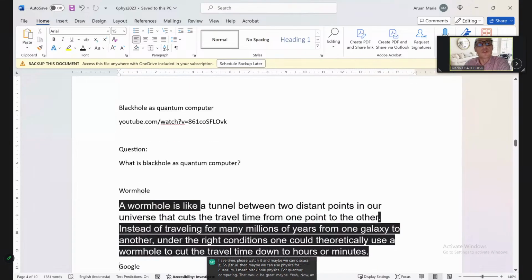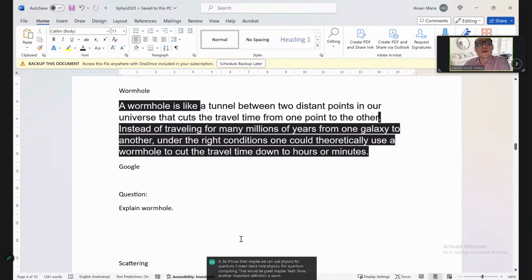Now, another important definition is a wormhole. It's like a tunnel between two distant points in our universe. It cuts the travel time from one point to the other. Instead of traveling for many millions of years from one galaxy to another, under the right conditions, one could theoretically use a wormhole to cut the travel time down to hours or minutes.